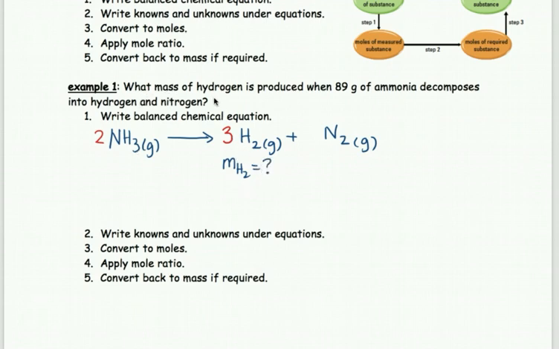What mass of hydrogen is produced when 89 grams of ammonia decomposes into hydrogen and nitrogen? So we know the mass of ammonia. We don't have any information on nitrogen here, so that's nothing right there, but we have the ammonia for sure, and we need to figure out the mass of hydrogen.